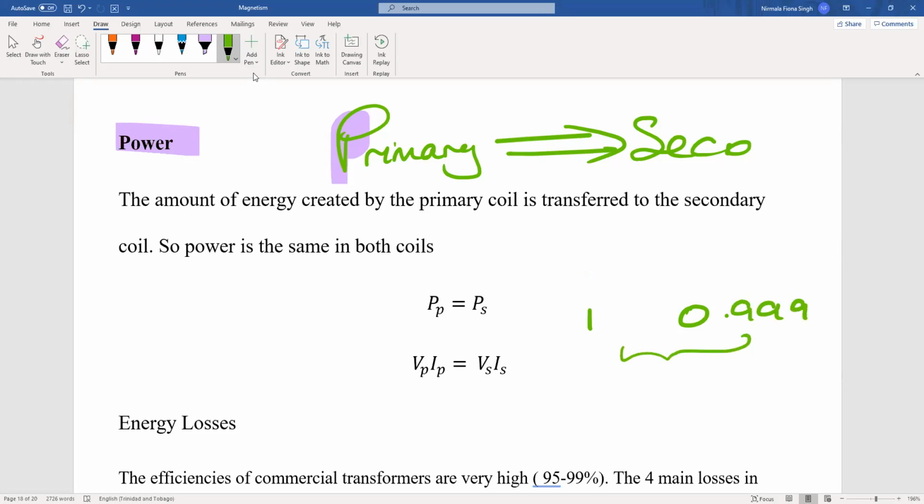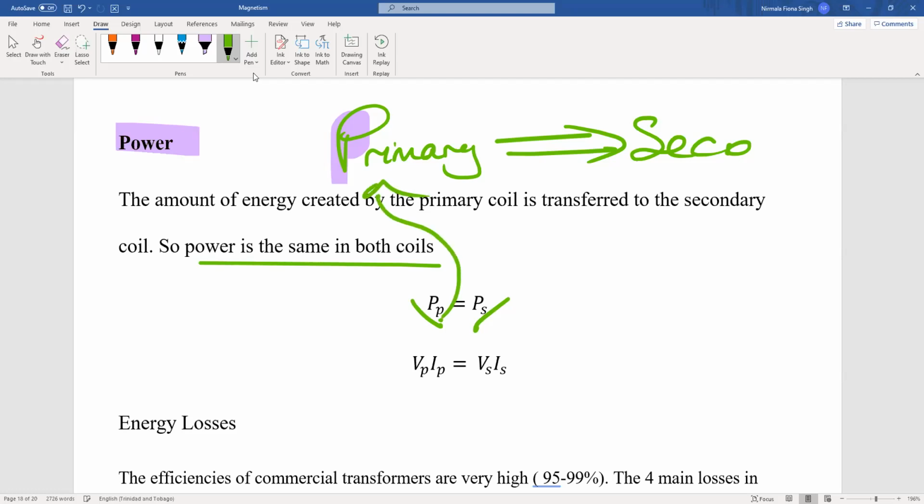At the end of the day, it's not worth fussing over the small difference. So the power in both coils is the same because they're very close to each other. So primary power is equal to secondary power. Remember, the subscript P indicates primary and the subscript S indicates secondary. And how do we work out power again? Power is equal to IV.